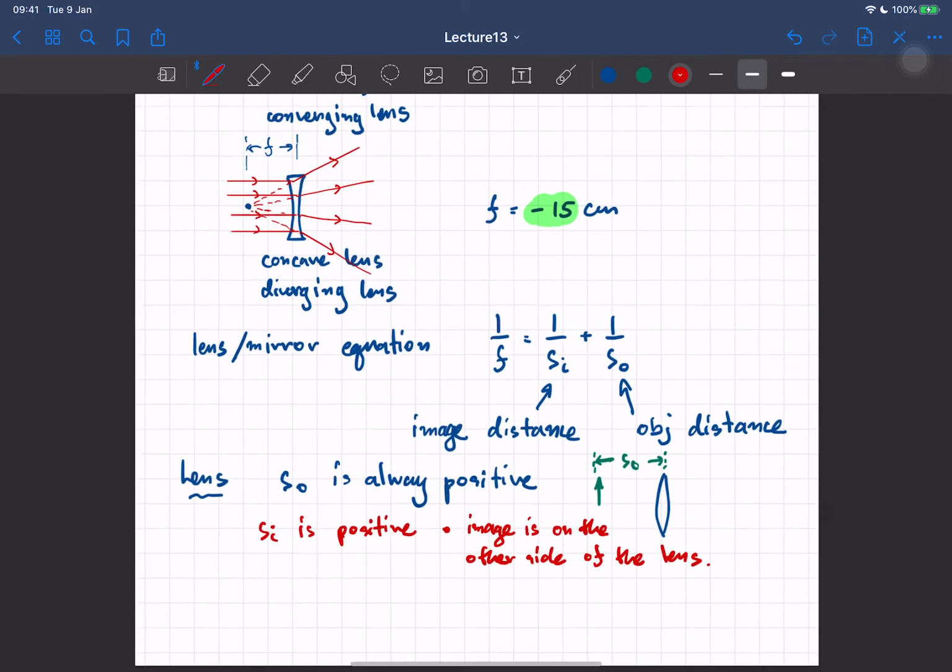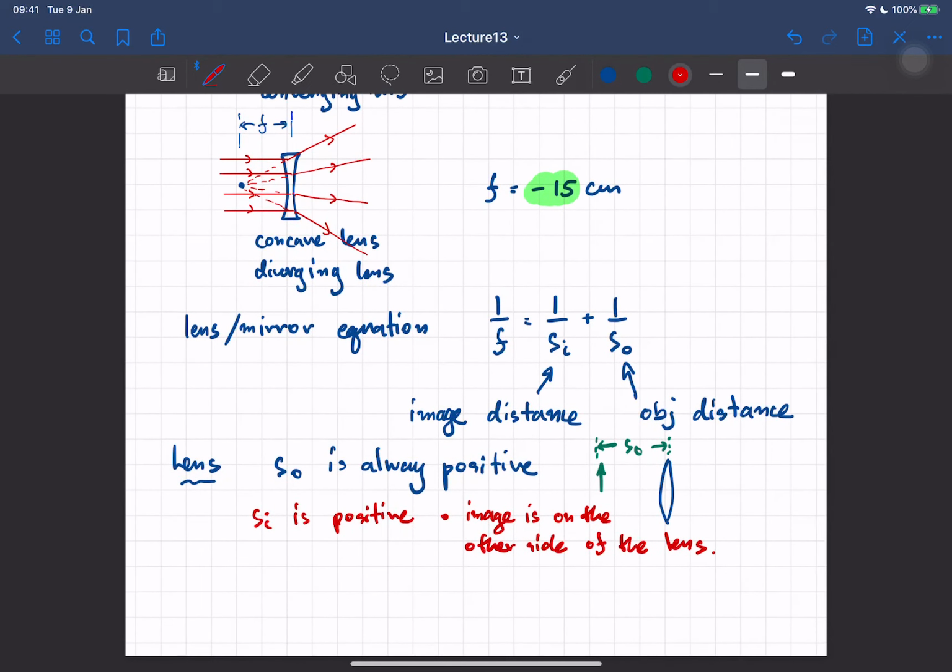I'm not sure whether I was this clear in the last lecture. Maybe I said it's on the right-hand side, but I think the better way to say it is the other side of the lens. It's the other side compared to the object, right? So if you have the object here, then the image is gonna be somewhere here. That's what it means by positive SI. And the image is real and upside down.